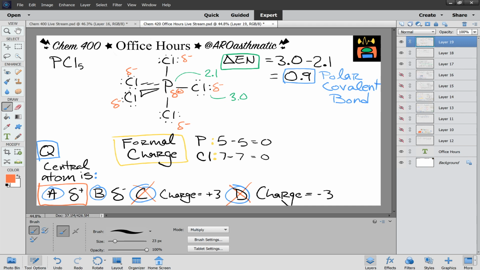So chlorine picks up a delta minus, phosphorus picks up a delta positive. Yes, exactly.